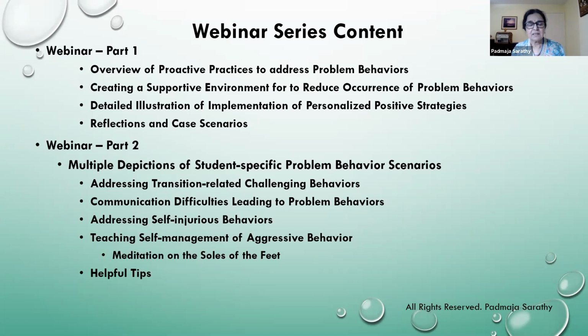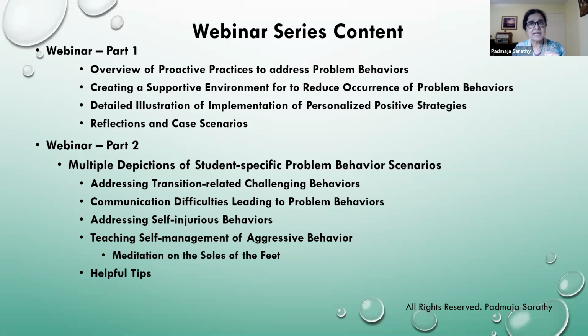In the next webinar, in part 2, we'll be looking much more at transition. When children, especially children with autism, are making transitions from one activity to another, or one setting to another, or one person to another, that may provoke certain challenging behaviors. How do we address that? And then sometimes it is communication difficulties that lead to problem behaviors. How do we address that?